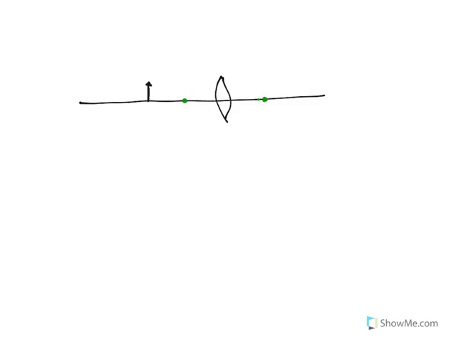How do we draw our lines? The first ray, just like before, starts parallel to the principal axis and goes to the lens. Once it's in the lens, it's going to bend the light. How does it bend the light? It bends the light such that the light goes through the focal point. So it bends downwards this way.